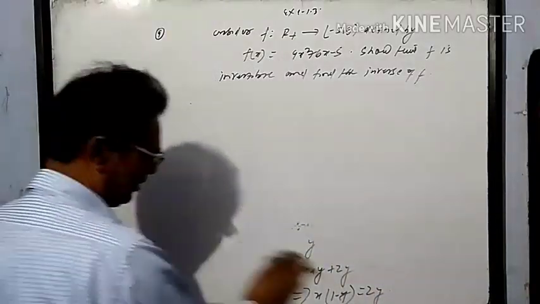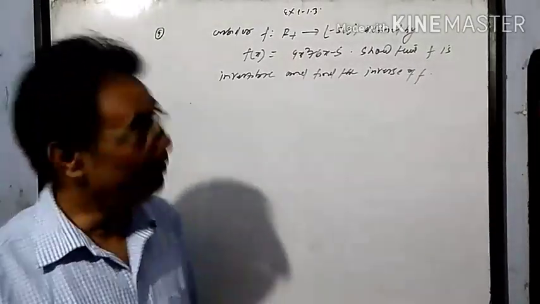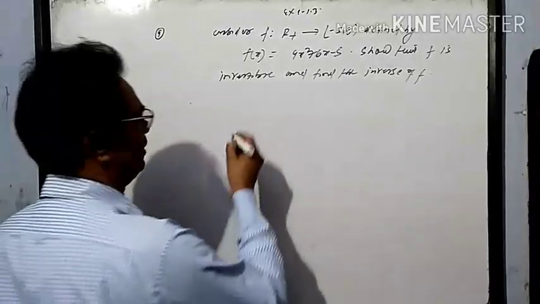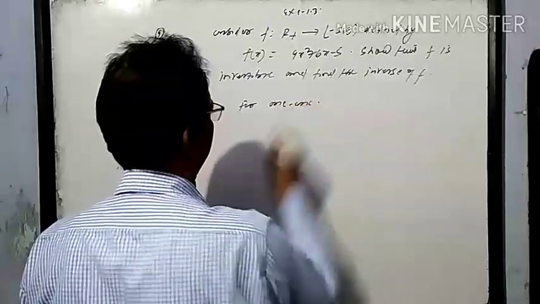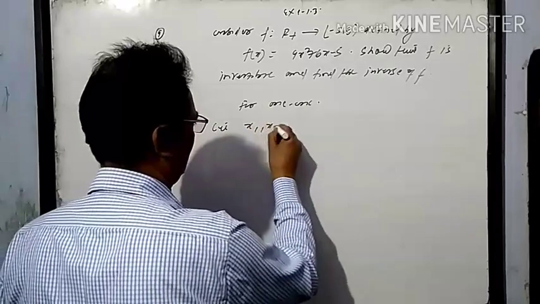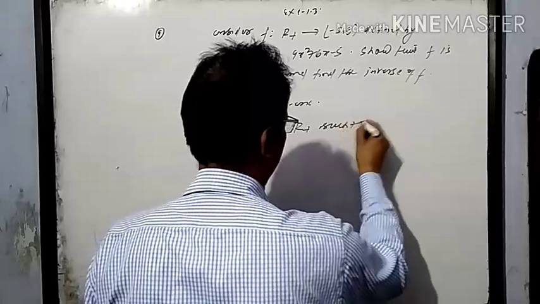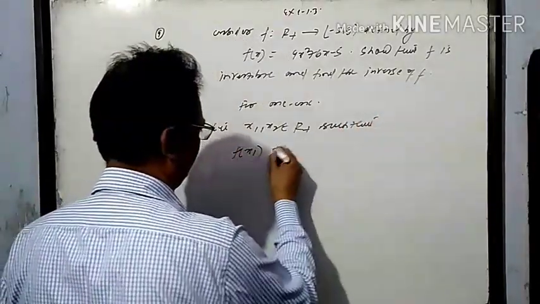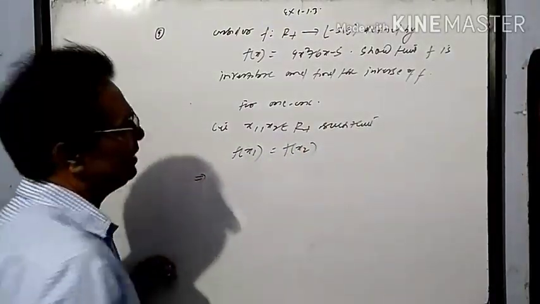To prove f is invertible, we have to prove that f is a one-one onto function. For one-one, let x1, x2 belong to R plus such that f(x1) = f(x2).